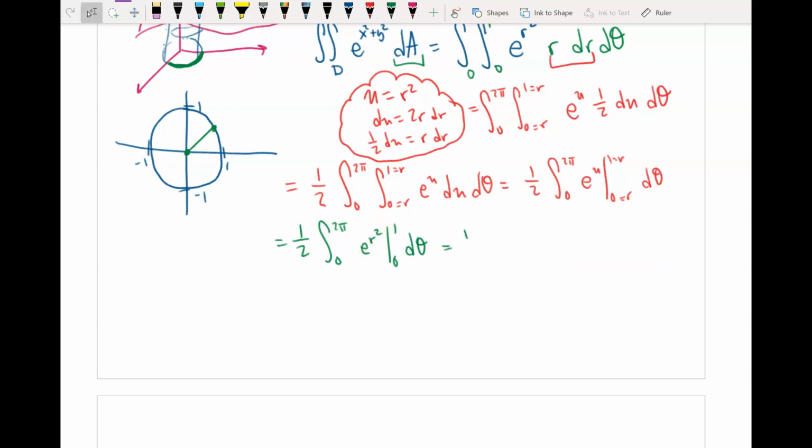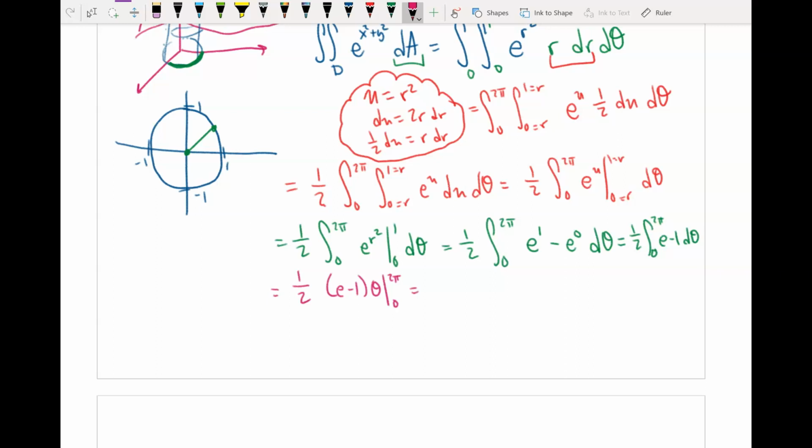So I'm going to have 1/2 integral from 0 to 2 pi. This is going to be e to the first power minus e to the 0 power, which is just going to give me e minus 1. And e minus 1 is just a number that I can plug into the calculator. Then taking the antiderivative of that with respect to theta will be e minus 1 times theta from 0 to 2 pi.